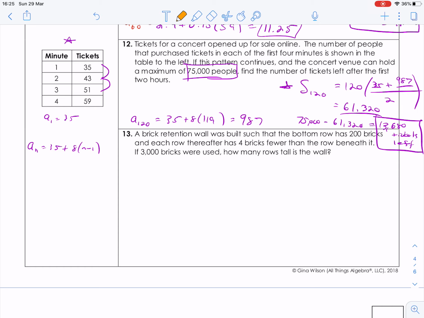Oh, this is a cool problem. So let's first get our formula. So our A of n is going to be 200. That's what we're starting with. We are losing 4 each row.